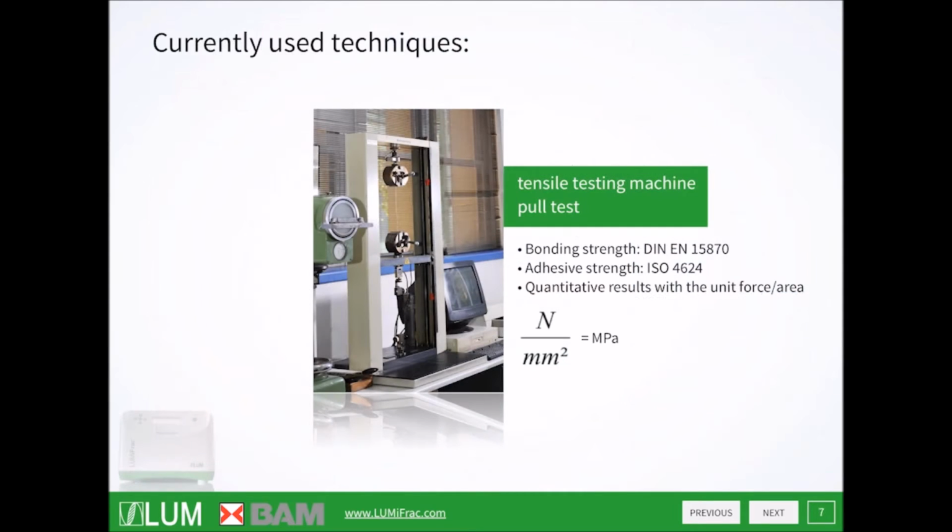The only quantitative test with a unit force per area, that is Newton per square millimeter, has so far been the pull test within tensile testing machines. It meets the following international standards: bonding strengths DIN EN 15870 and adhesive strengths ISO 4624.